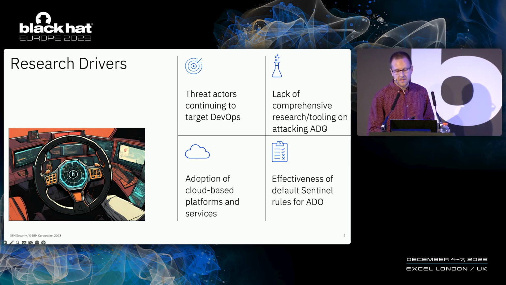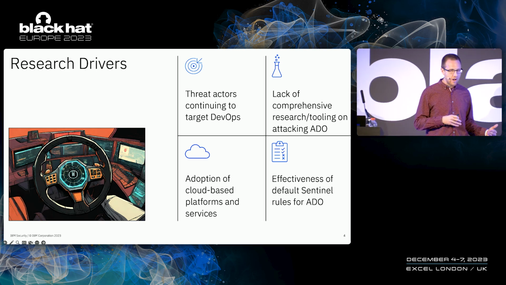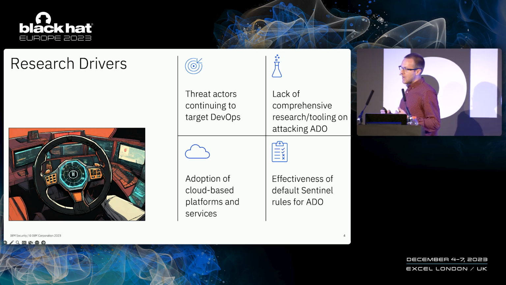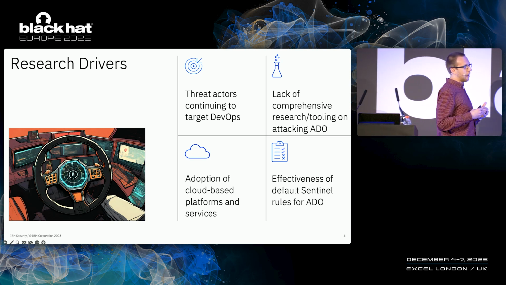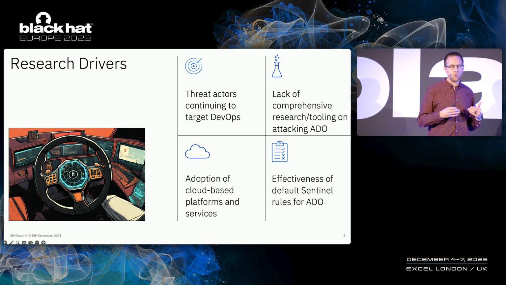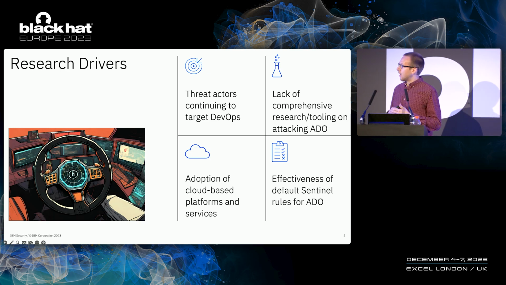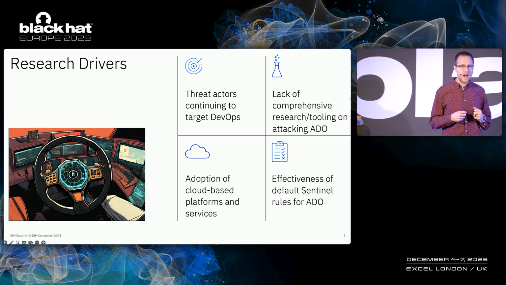In our adversary simulation engagements, we're seeing more and more clients migrating from on-premise DevOps systems to cloud-based. Specifically, our team sees a lot of Azure DevOps Services. Prior to this talk, there was a lack of comprehensive research and tooling on attacking the cloud-based platform. And the last driver, I wanted to see the effectiveness of the default Sentinel detection rules for Azure DevOps.